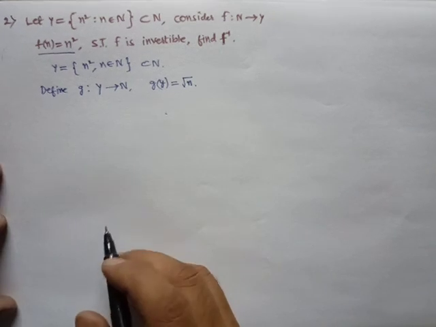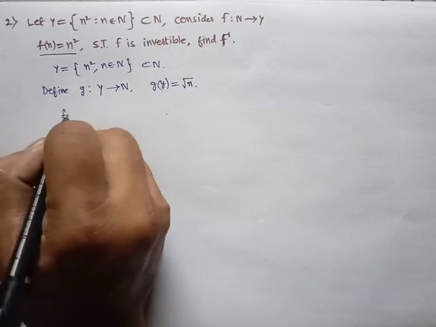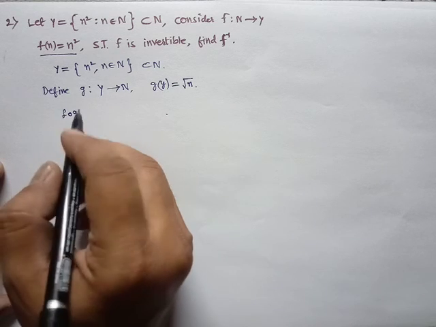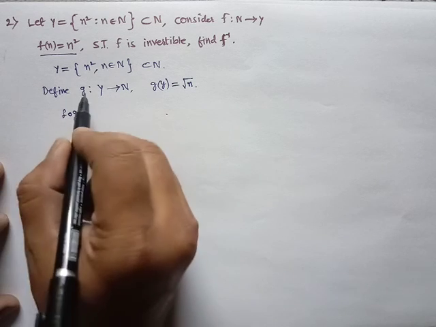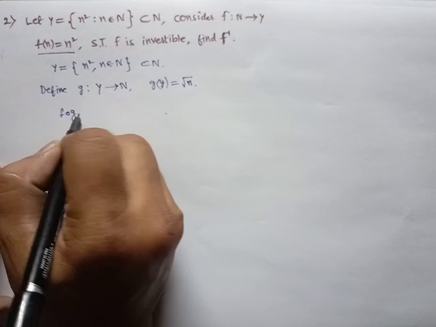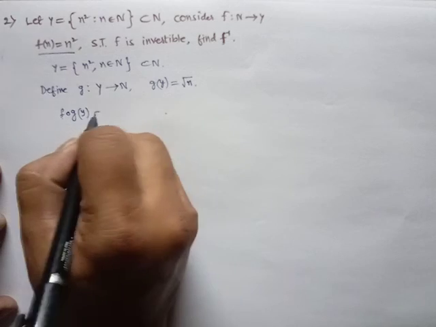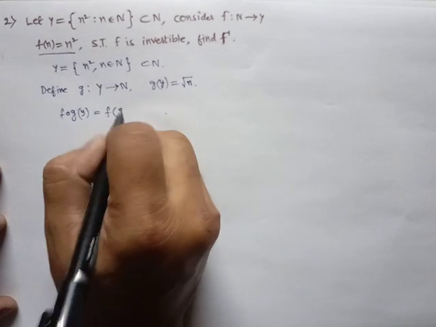Now F circle G and G circle F you write. G is taking from y, so that's why F circle G of y is equal to F of G of y.